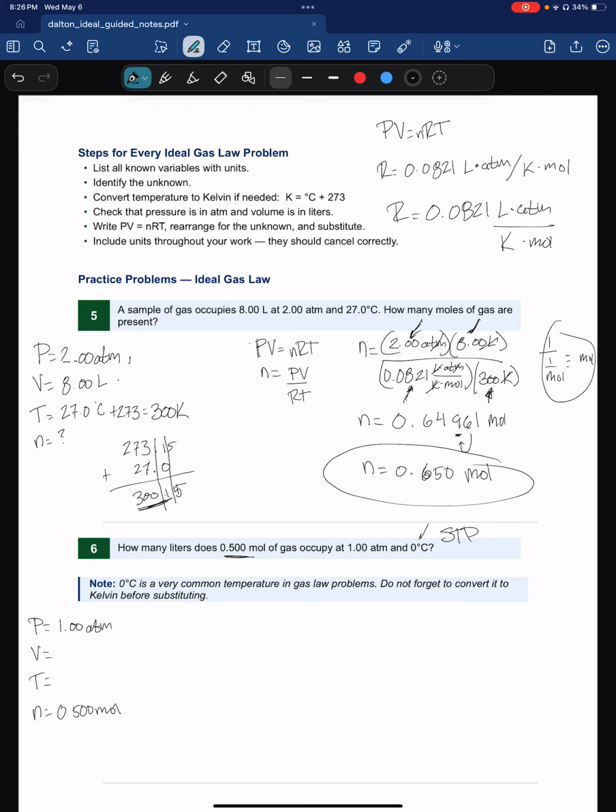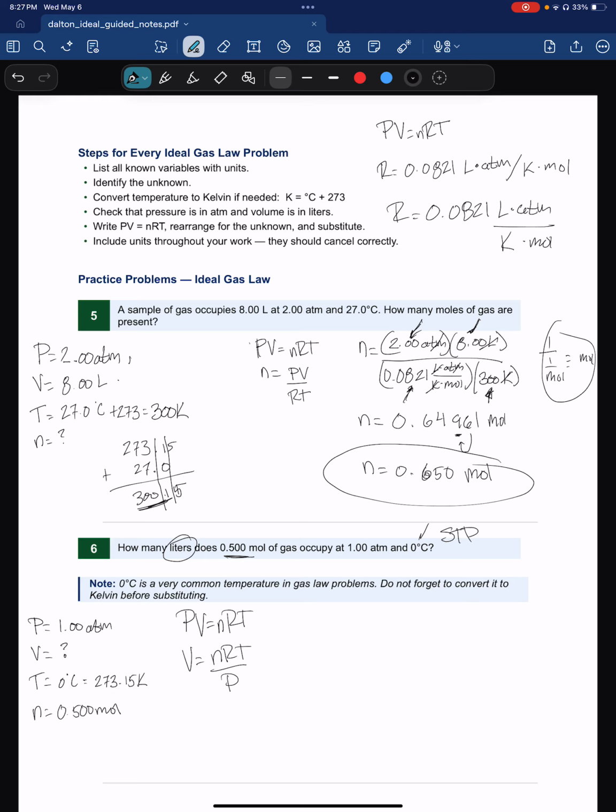And we have 0 degrees Celsius, which is going to come out to 273.15 Kelvin. Okay, now the question is asking for liters. We know that liters is volume, and so we know that that's what we're looking for. So we can go ahead and write out PV equals nRT, and we can solve for volume. Volume is equal to nRT over P.